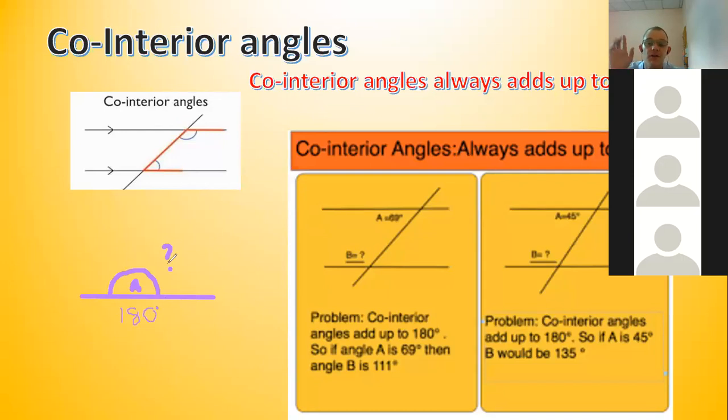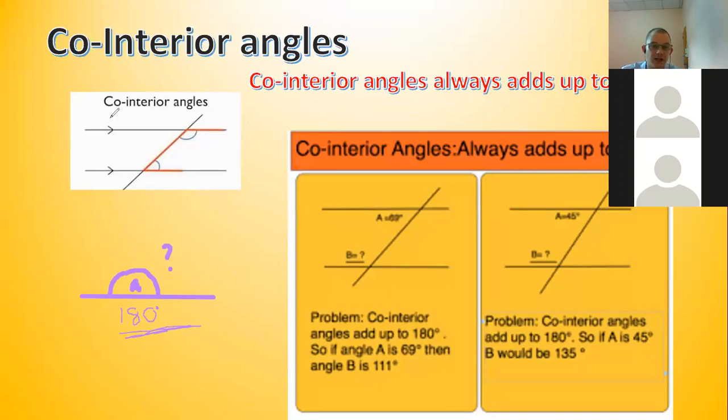Are you with me? Is everyone together here with me? Important to understand. It's very easy to get confused and make very simple mistakes. We don't want to make mistakes. We want to make sure we understand 100%. So straight lines, we have 180 degrees on straight lines.